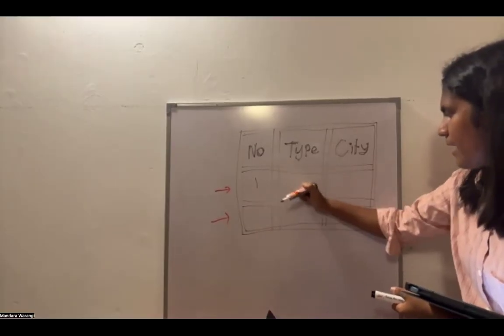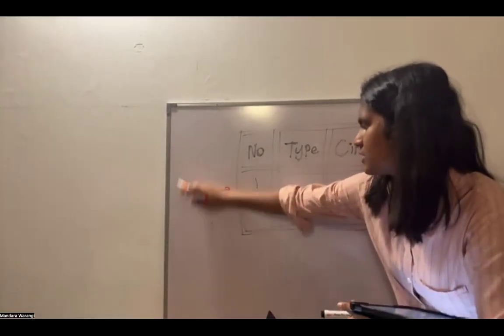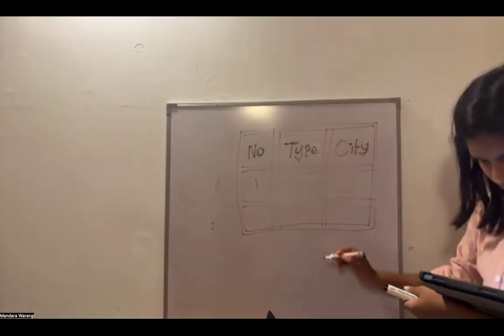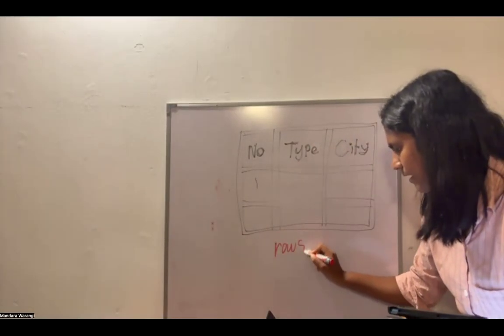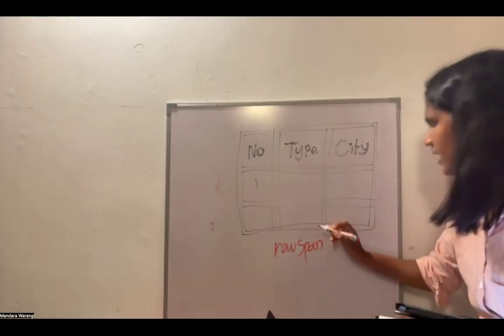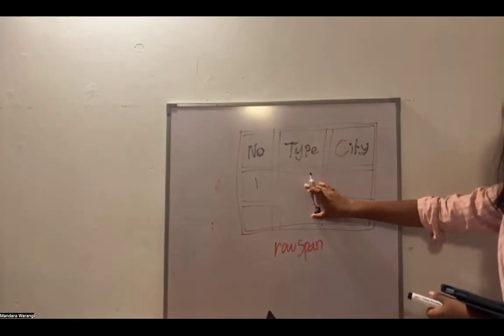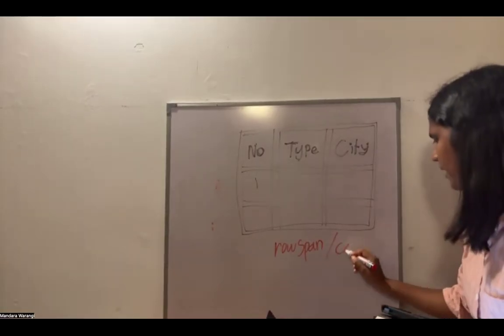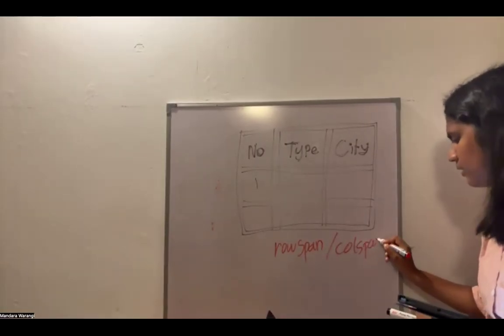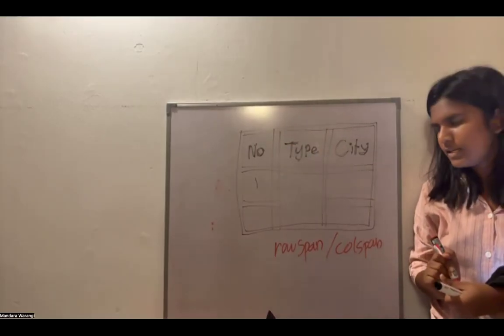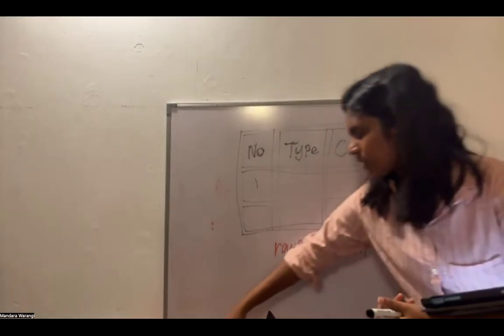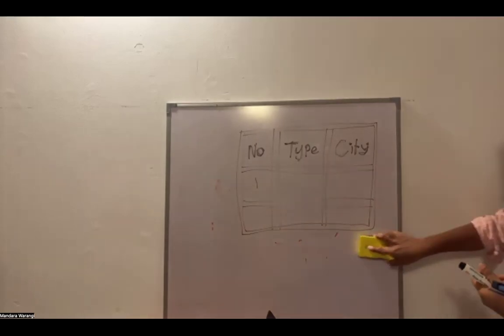The HTML tag has rowspan. What does rowspan do? It combines 2 rows into 1. In colspan, it combines 2 columns into 1. That's the difference between rowspan and colspan.